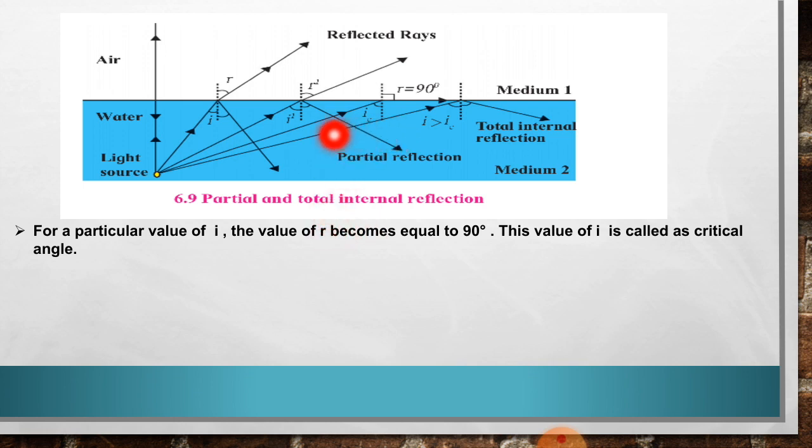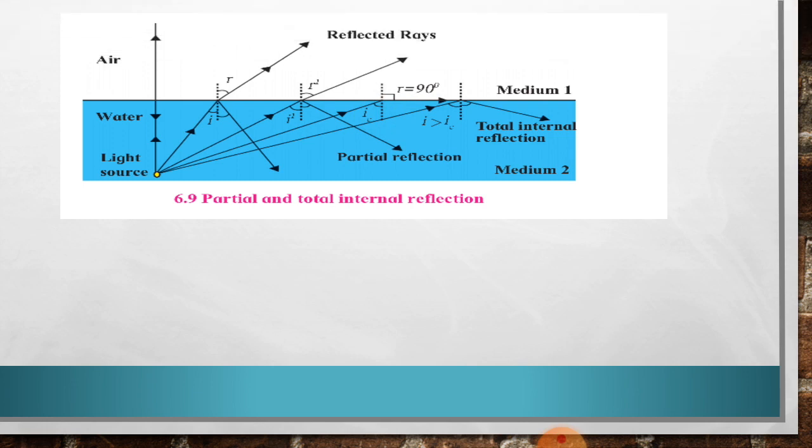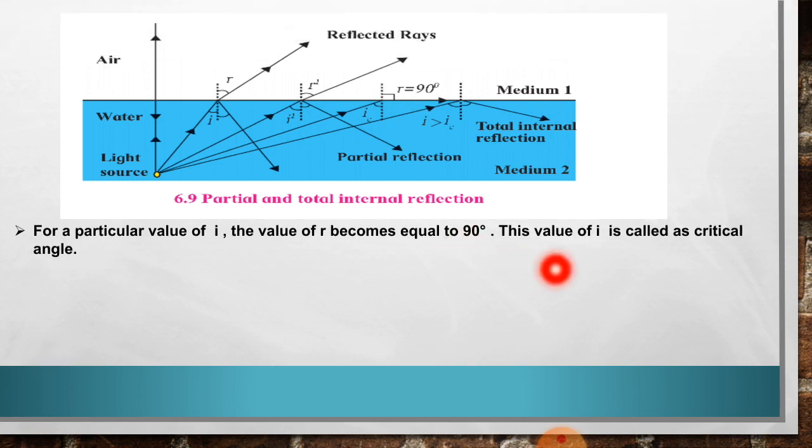Here in this third ray, you can see R is equal to 90 degrees. That means the ray of light forms a 90 degree angle. So for a particular value of I, the value of R becomes equal to 90 degrees, and this value of I is called the critical angle.